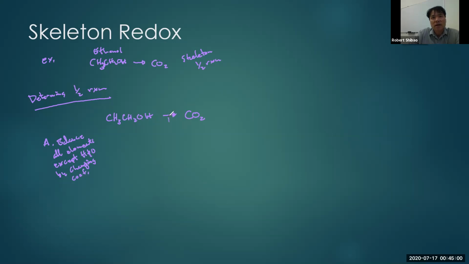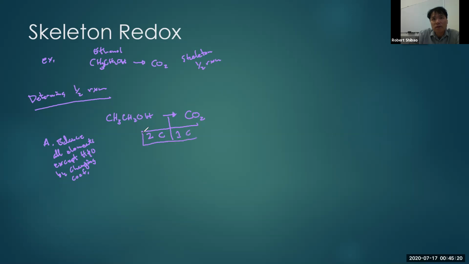And so in this case, we have H, O, and C. So the only element that we have that's not hydrogen and oxygen is carbon. And so we have 2 carbons on the left. So I'm going to write 2 C's on the left. On the right, I only have 1 C.